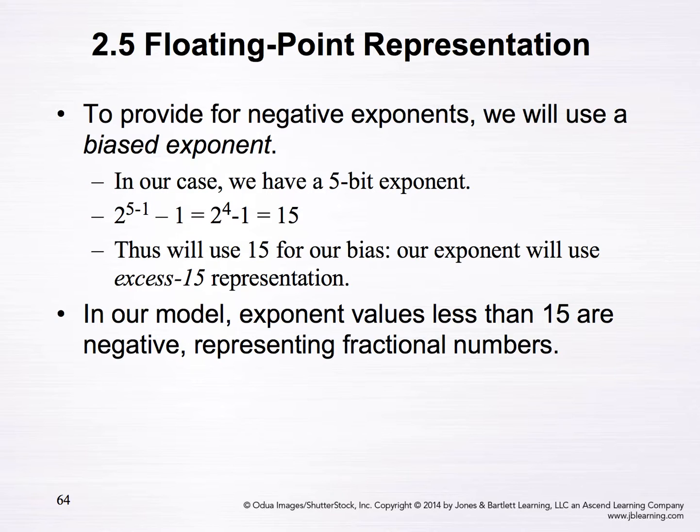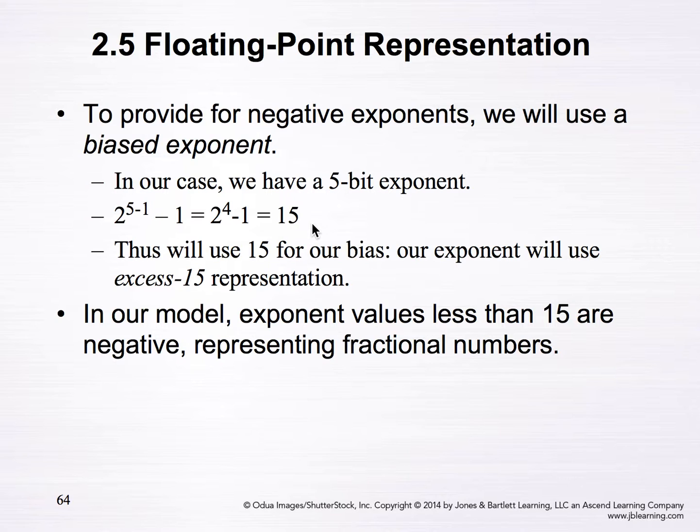So to provide the negative exponent representation, we will use a biased exponent. In our case we have a 5-bit exponent, so the bias number will be computed by 2 power 5 minus 1, minus 1. That's basically equal to 2 power 4 minus 1, which equals 15.